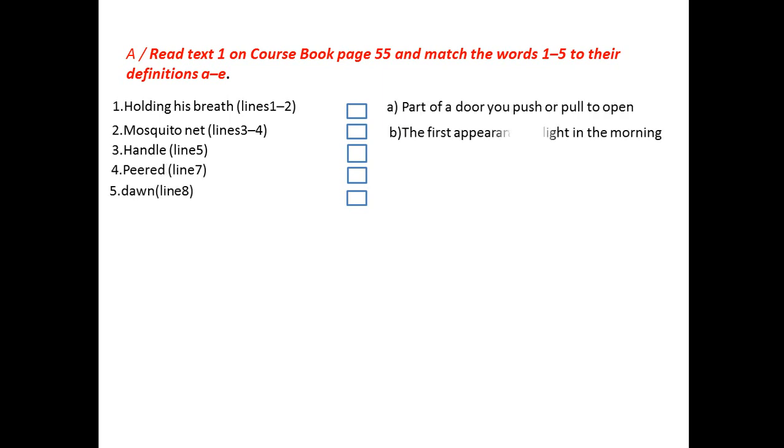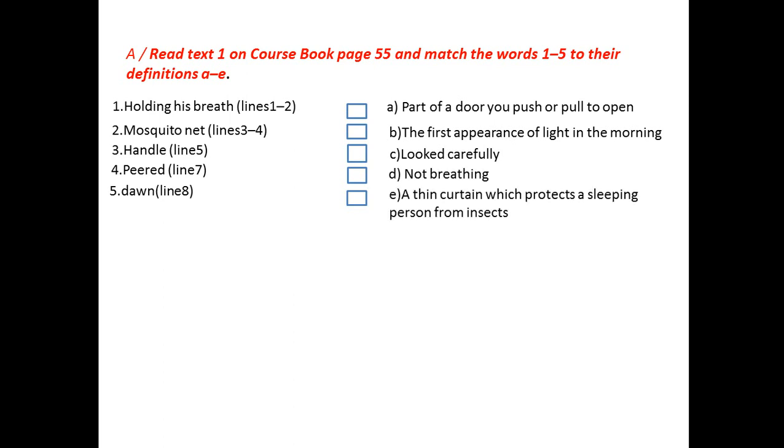Read text 1 on course book page 55 and match the words 1 to 5 to their definitions A to E. So you should know the meaning of these words according to the context.